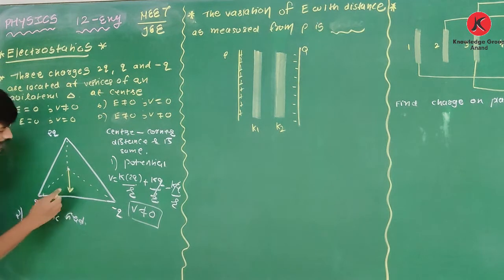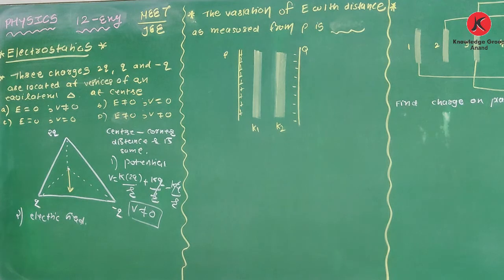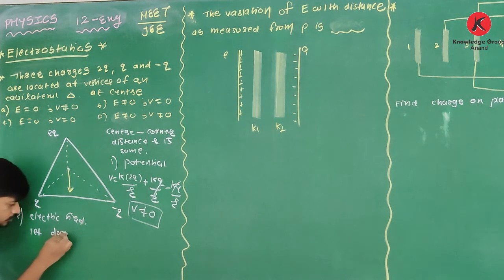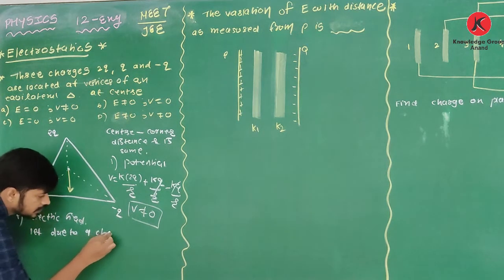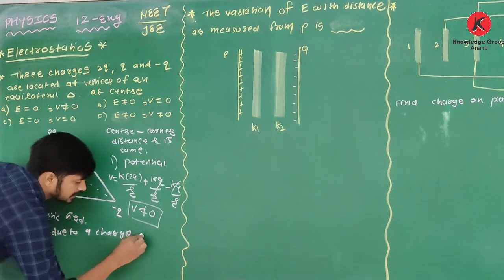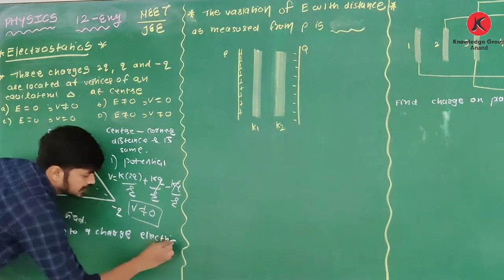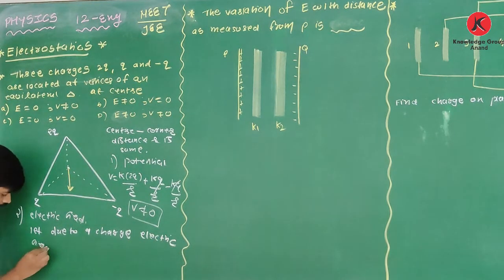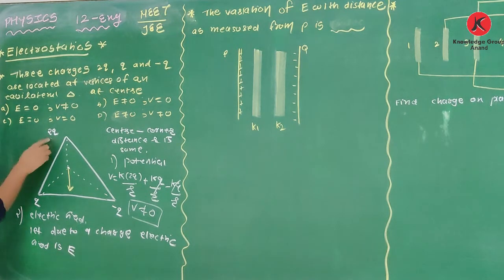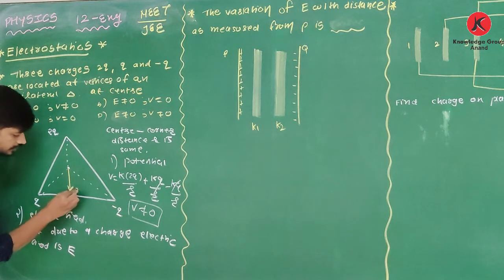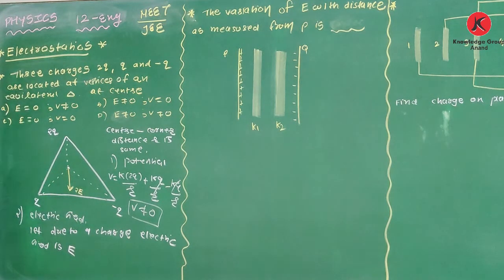Now if I assume that due to q charge the electric field is E, then as it is 2q charge, the electric field due to it in this direction will be 2E.